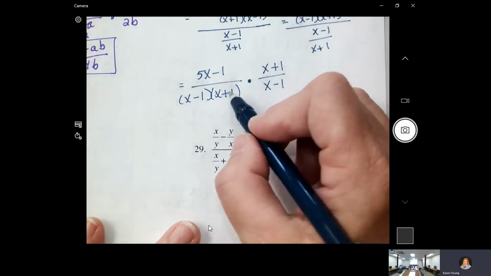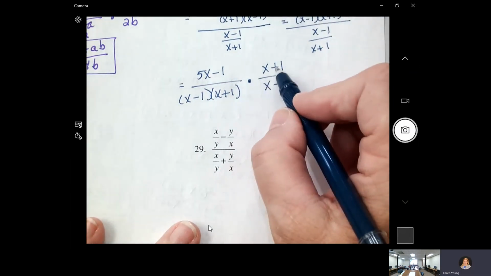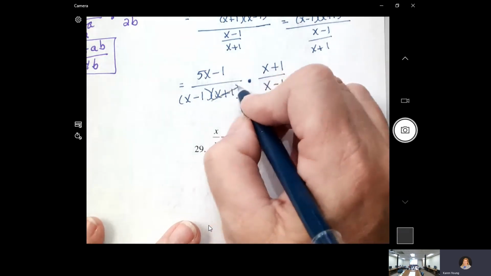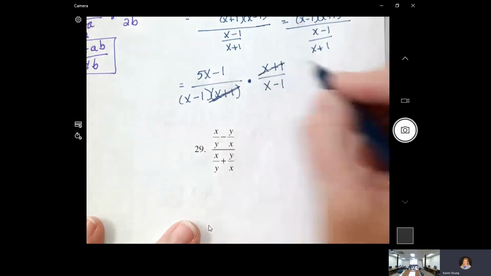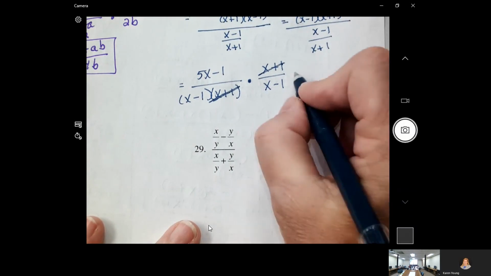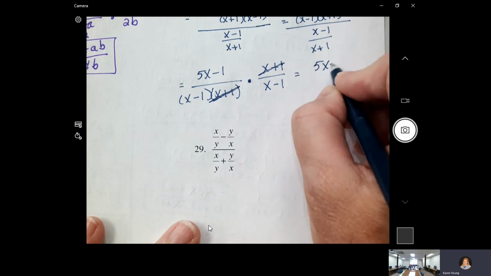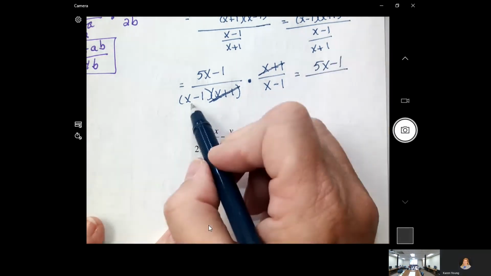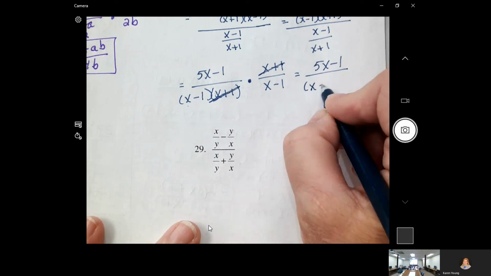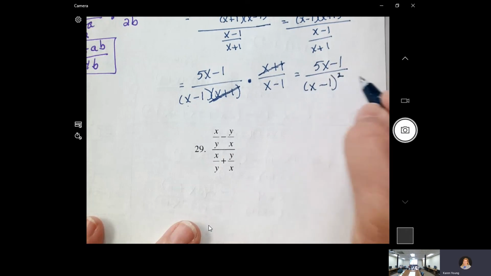And then this is where I have an x plus 1 on top. I have the x plus 1 on bottom. Just like we did when we were factoring, we can cancel both polynomials. And I have 5x minus 1. I have an x minus 1 now times an x minus 1. I can write it as x minus 1 squared.